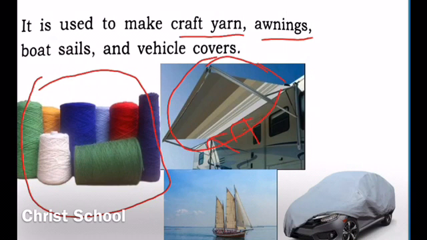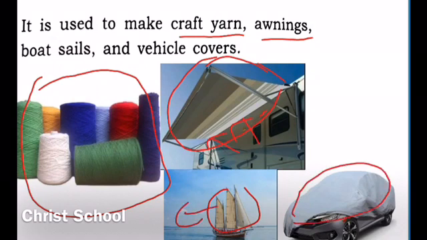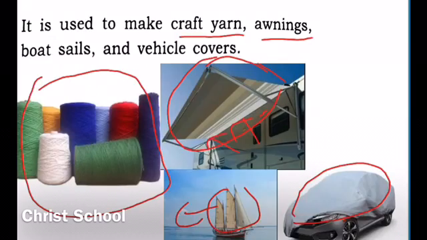So it's a protective layer. It's a protection for the house and buildings, that is called an awning. This awning can be made of acrylic fibers. Then the sails of sailboats can be made of acrylic. Then vehicle covers are also made of acrylic fibers. So these are the different uses of acrylic fibers.